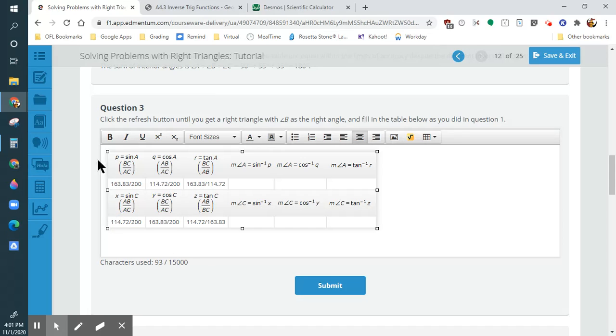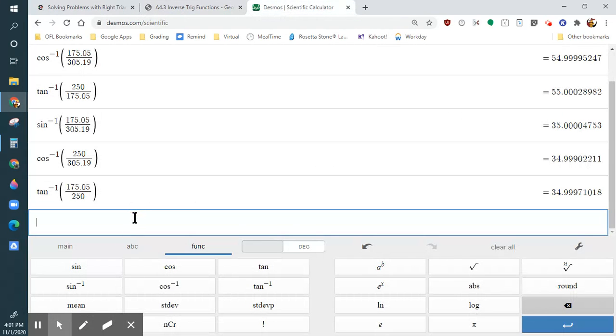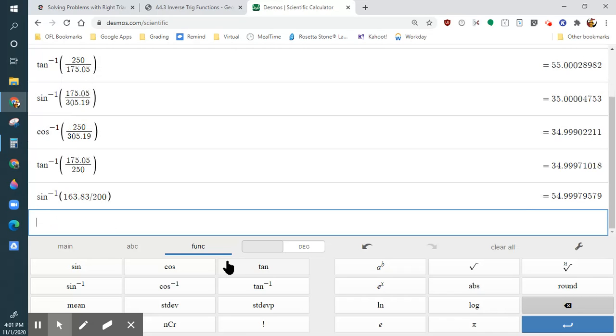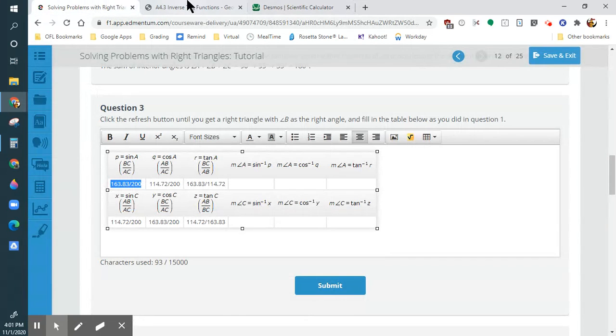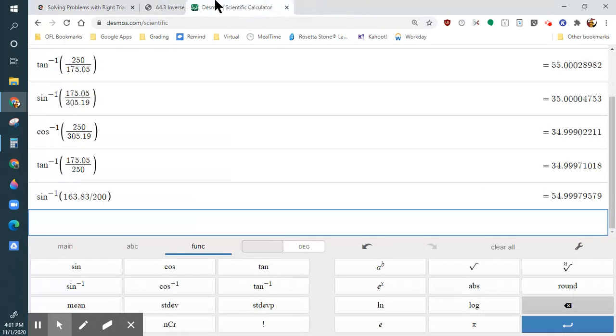Okay, so time to solve this. So I'm just going to go ahead and start copying these. If you double click it, it'll get all of the thing up to the dash, and then you can just shift arrow to get the rest of it. So I'm going to do sine inverse of this, and I get 55. So this is 55, and I'm sure you can assume that the rest are going to be 55 after copying, but I'll do it anyways just to show you.